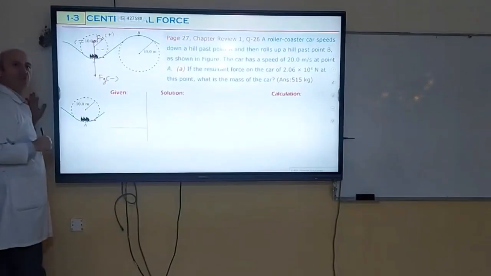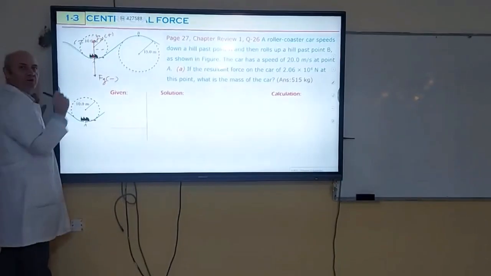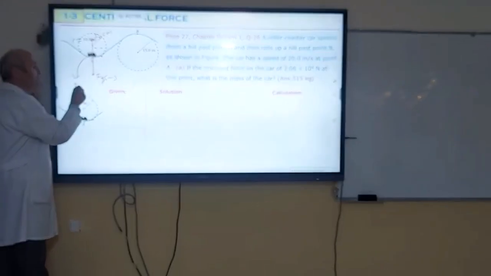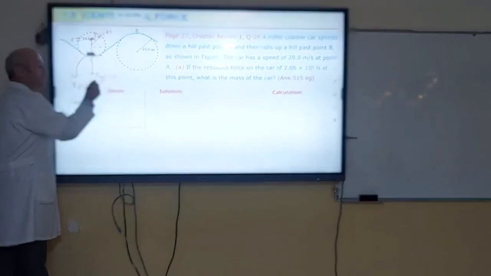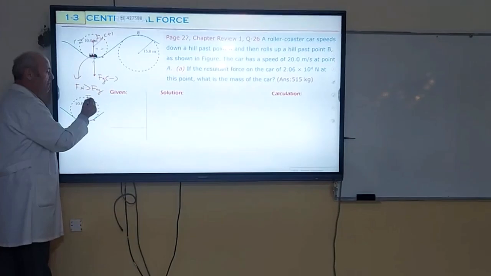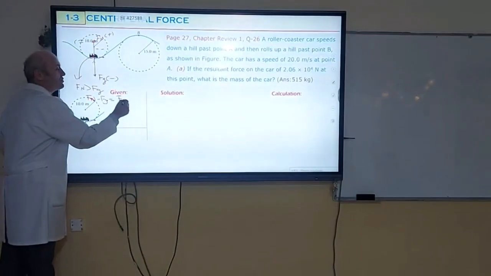Which force is greater here? Fn. So always the force pointing to the center is greater. So we should know that at position A, Fn is greater than Fg. Write the Fc equation. Resultant of this is what? Fn minus Fg is the centripetal force.